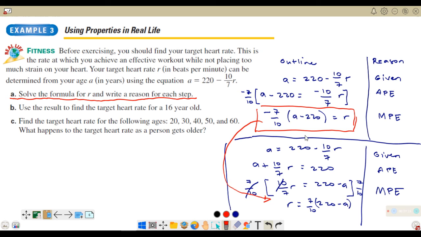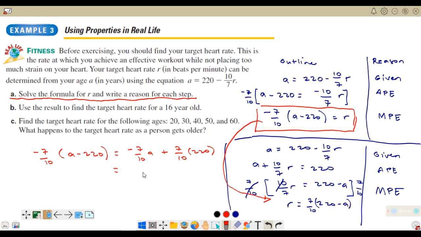So, algebraic manipulation ulit. So, if I have here negative 7 over 10 times A minus 220, if you are going to distribute negative 7 over 10 to both sides, you will have negative 7 over 10A. Tapos, magkakaroon ka dito ng plus 7 over 10 times 220.